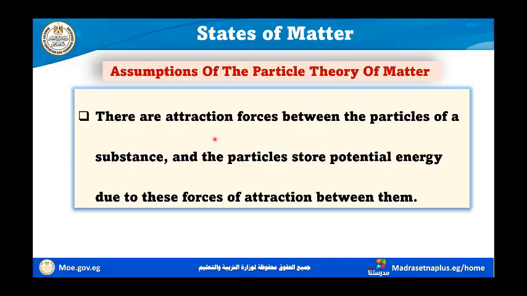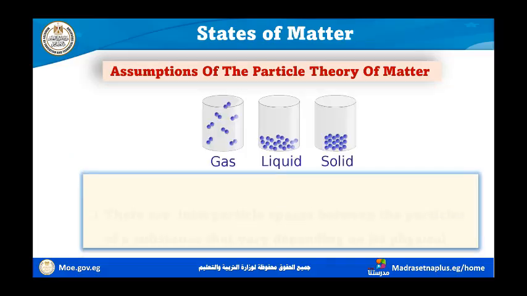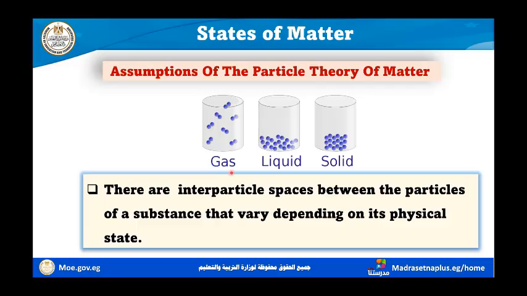So the attraction forces between the particles exist and lead to the properties of matter in its different states. Here are the three different states of matter: gas, liquid, and solid.